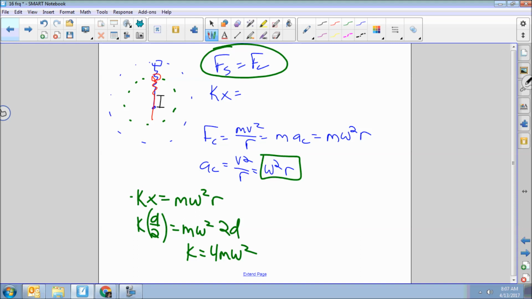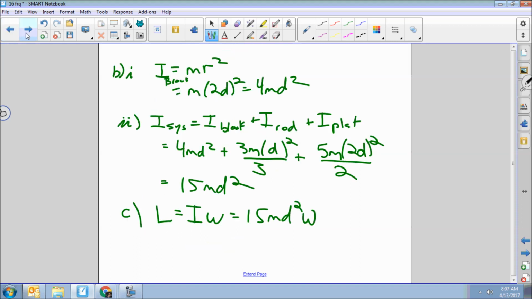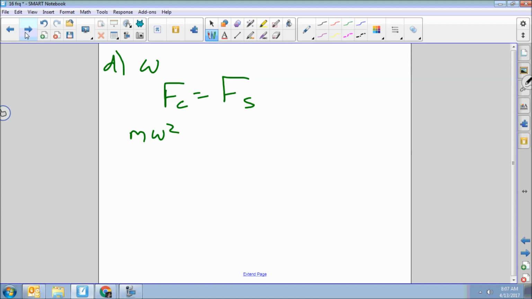The unstretched length of the spring is d over 2, and then the spring is going to stretch some distance x. So I'm thinking that my radius is going to be d over 2 plus d over 2 plus x, the little bit that it stretches. Does that follow? Okay.